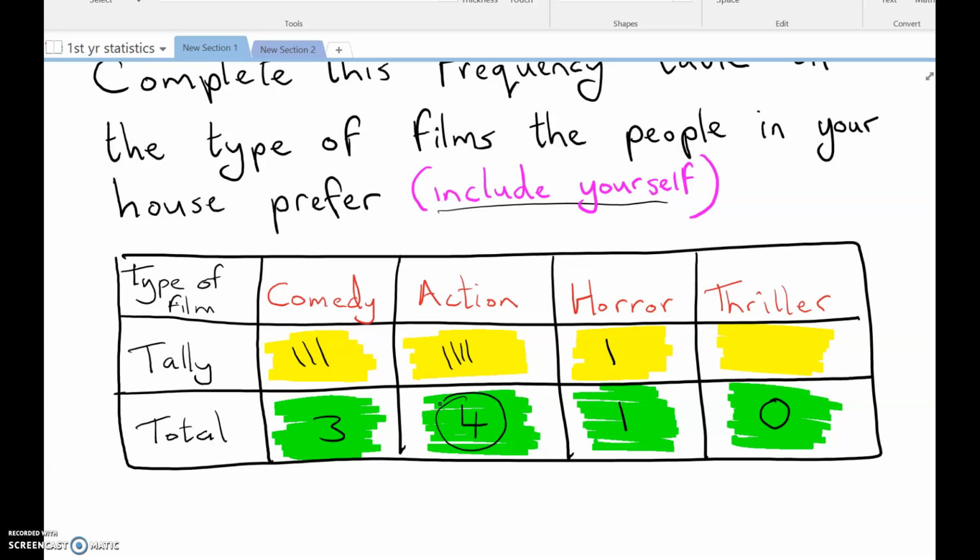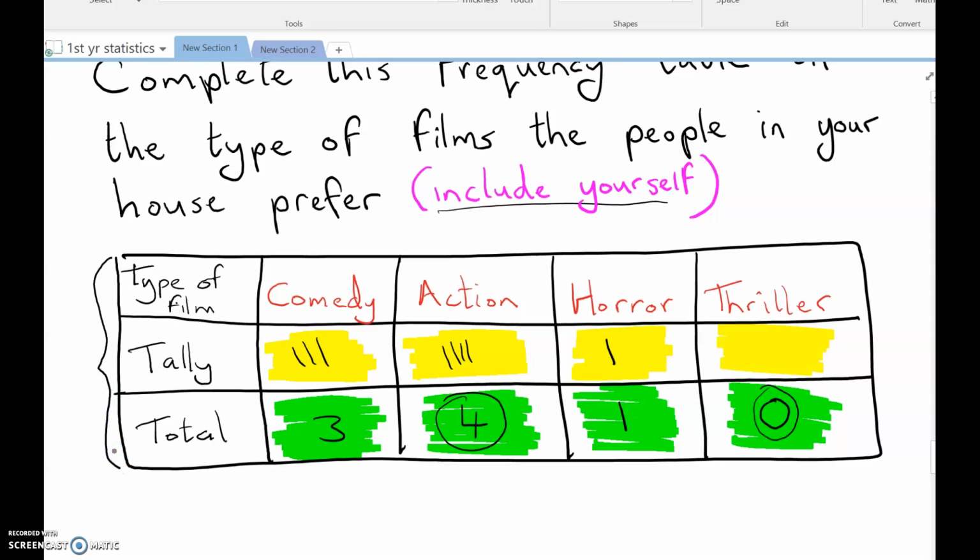What's the least popular type of film in your house? Horror only has 1, but nobody prefers thriller. So thriller is the least popular. So now we see on this frequency table, this is why we do frequency tables, because the information is very clear to see for everyone.